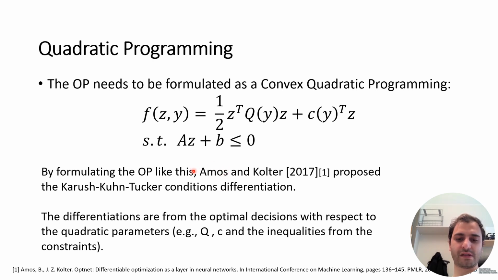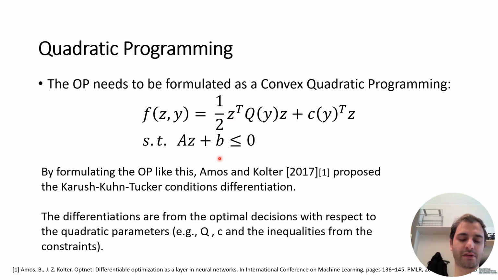So this work from 2017 proposed to differentiate the KKT conditions. By differentiating the KKT conditions, you can find this partial of Z star with respect to Y. So the differentiation is of the optimal decisions with respect to the quadratic parameters Q and C. And you can also differentiate through these inequalities, A and B. They also can depend on Y, for example.